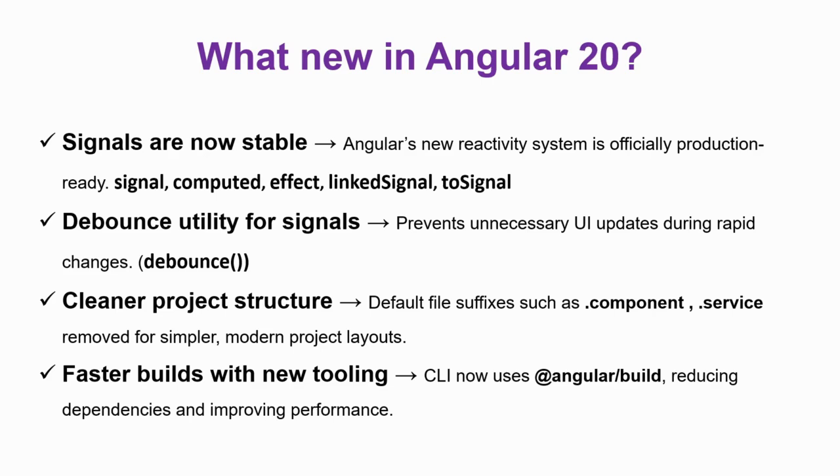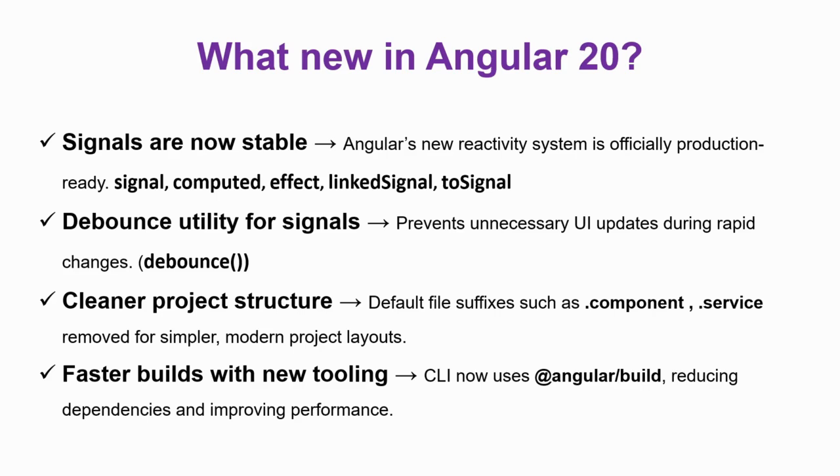Earlier, if you had a component named home, it was home.component.ts, home.component.html, right? So that has been removed. Now you can see directly home.html, but if you still want to write home.component.html, you can do that. No issue in that.